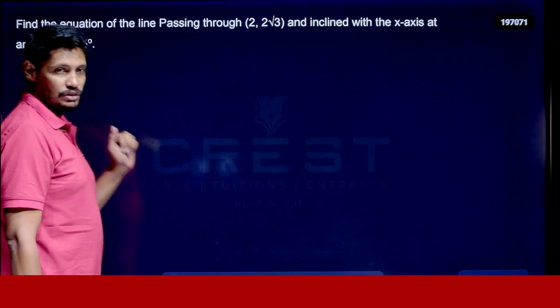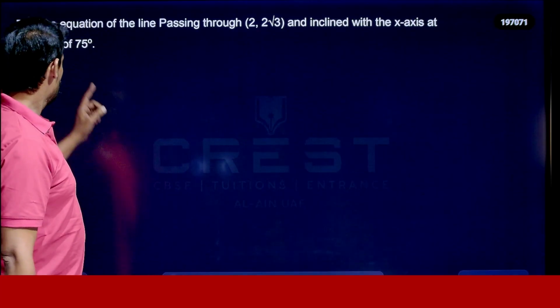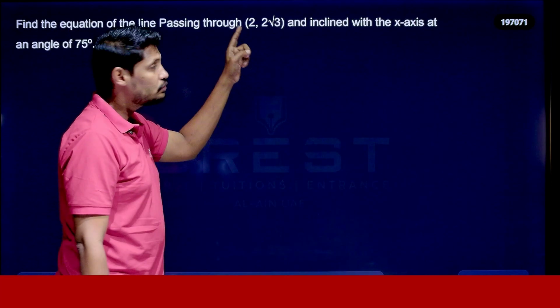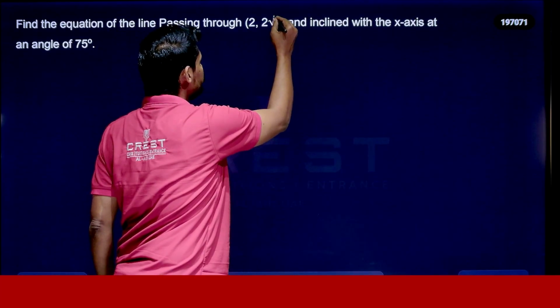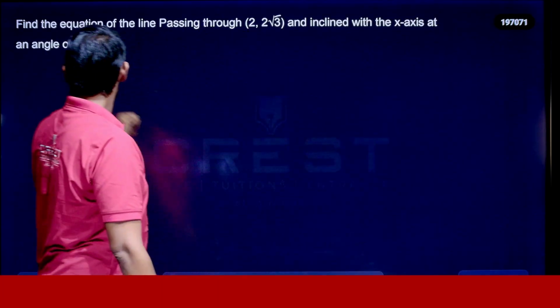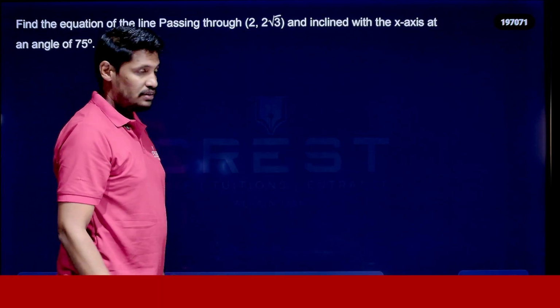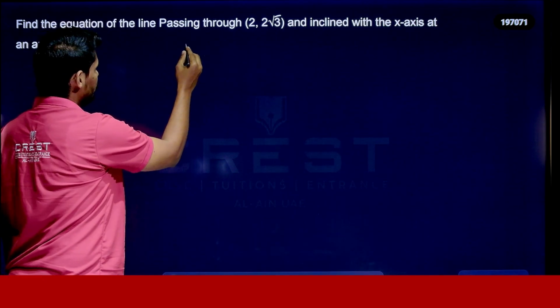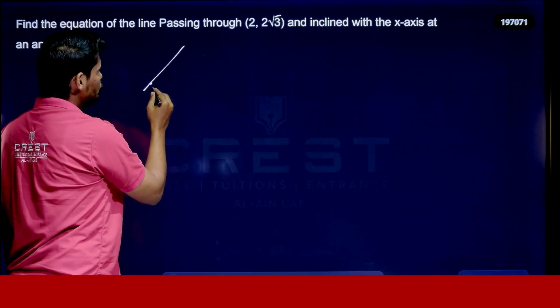We have one more question in point slope form. What is the question? Find the equation of the line passing through 2, 2 root 3 and inclined with the x-axis at an angle of 75 degrees. So clearly there is a point, we have a line, and the line contains 2, 2 root 3.